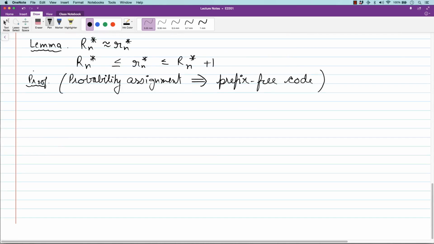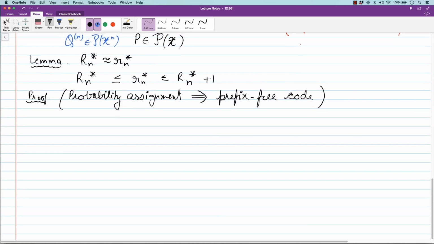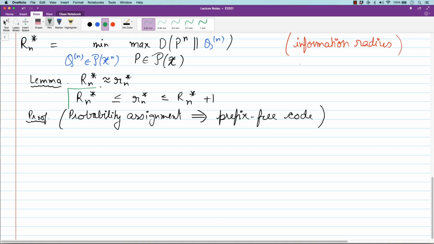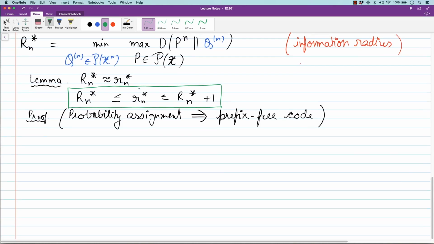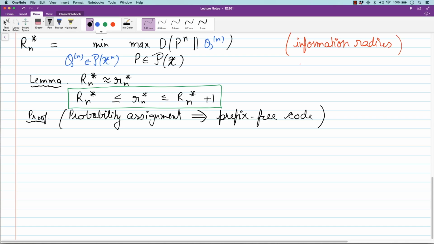Let me make space. This is the lemma which we'll prove now. We make a little box around it so that we can see what we're trying to prove. Okay, let's try to prove this.